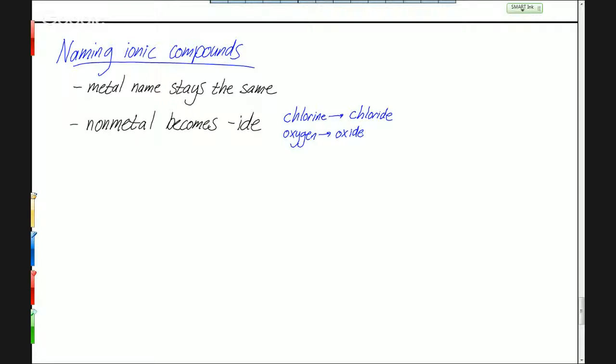So nitride, phosphide, carbide, bromide, fluoride, selenide, all of those drop that and become the ide. And the ide tells you that that's going to be the anion. So the metal is always going to be the cation, and the ide, nonmetal, is going to have the negative charge and be the anion.